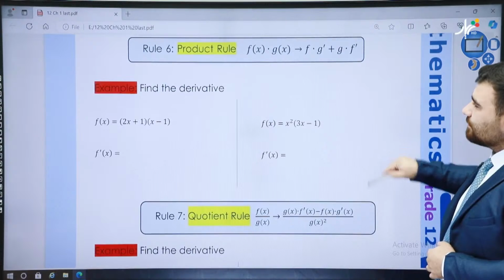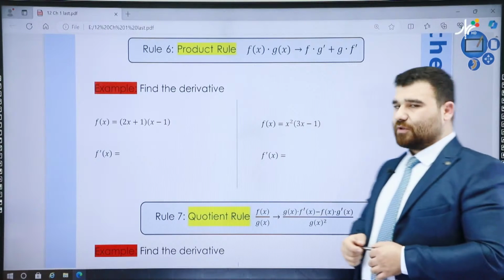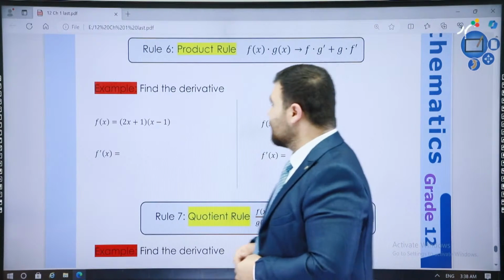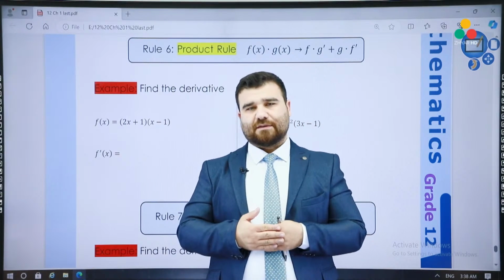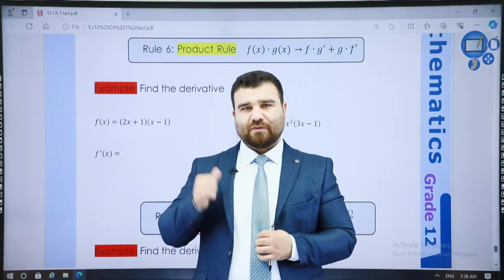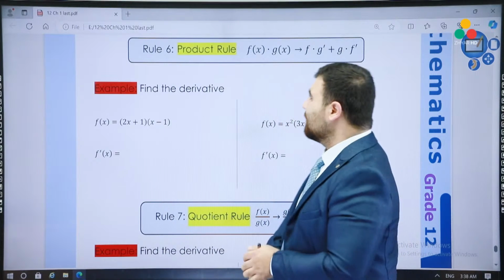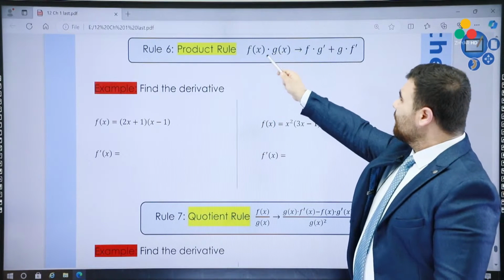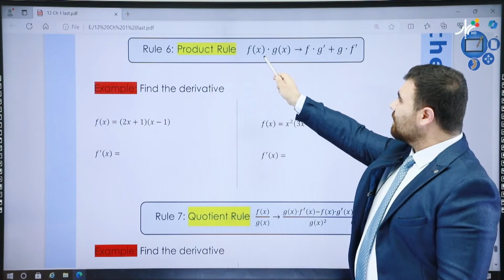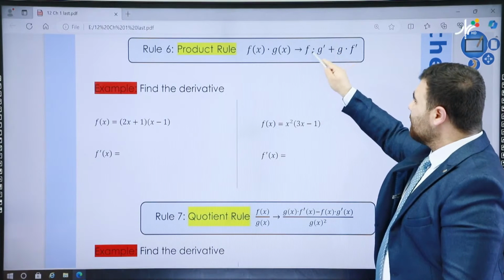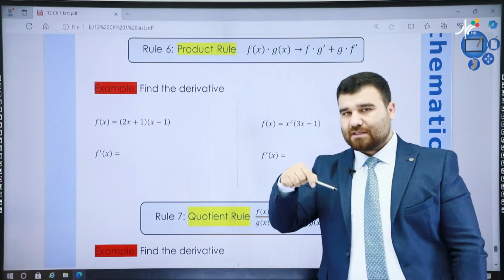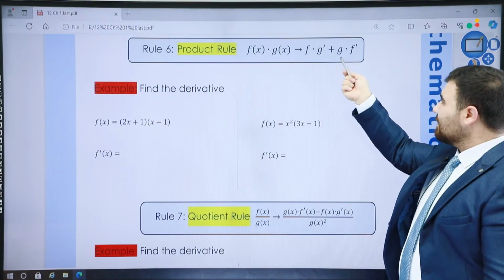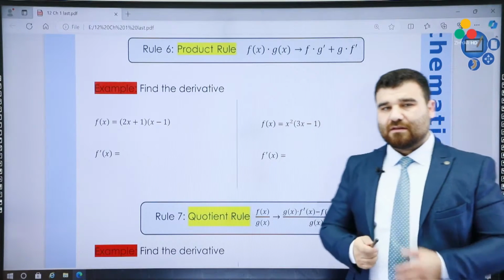Rule number 6 is product rule. Product rule is a very important rule. If we have two functions multiplied together, to find the derivative, we follow this rule. The rule is simple. When we have two functions multiplied together, the derivative will be first as it is times derivative of second, plus second as it is times the derivative of first.